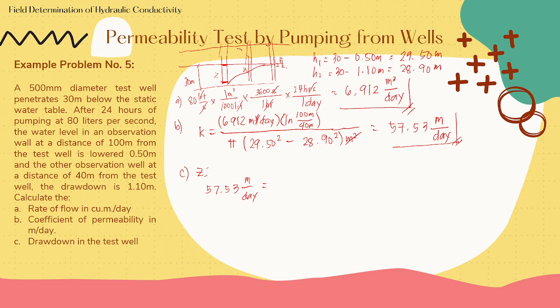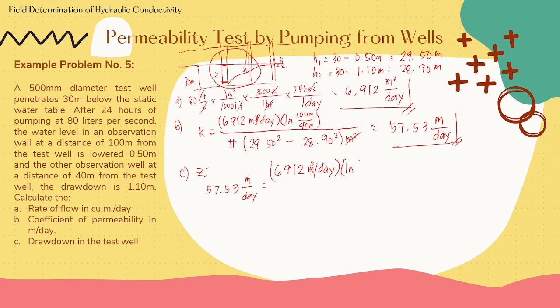And we will only consider this portion. So our discharge is 6912 cubic meters per day. Then for our radiuses, sorry, we are talking about the radius.